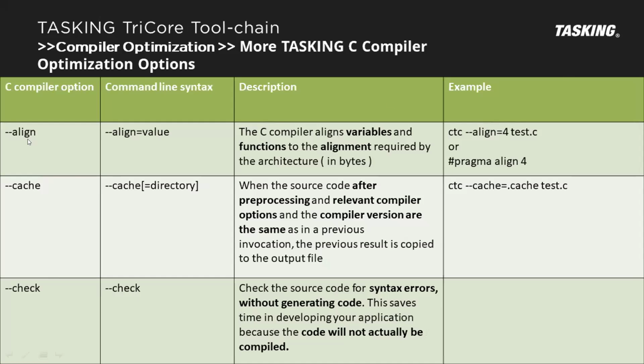For example, align: if you remember the alignment that we discussed yesterday. If you use this compiler option align, you can have full control over the variables and functions to be aligned. In this case, all the variables and all the functions defined in the file test.c will be aligned on 4-byte alignments.